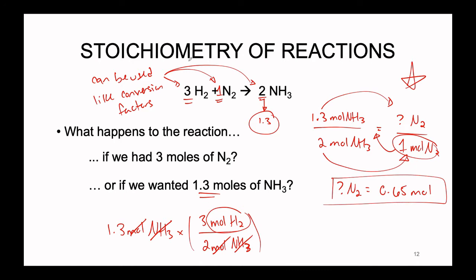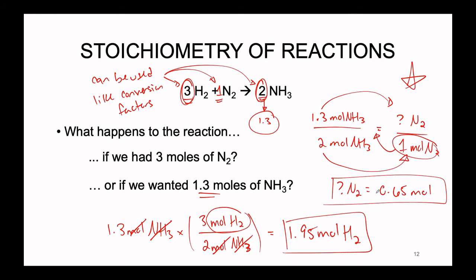And this value of 3 comes from our chemical equation, just like how the value of 2 comes from our chemical equation. So we're going to take 1.3, multiply it by 3, divide it by 2, and this is going to give us a total of 1.95 moles of H2 necessary in order to make 1.3 moles of ammonia.